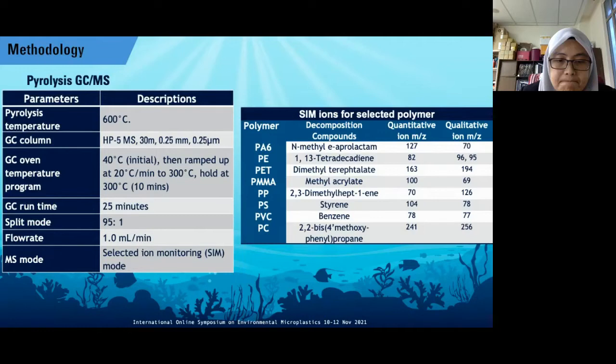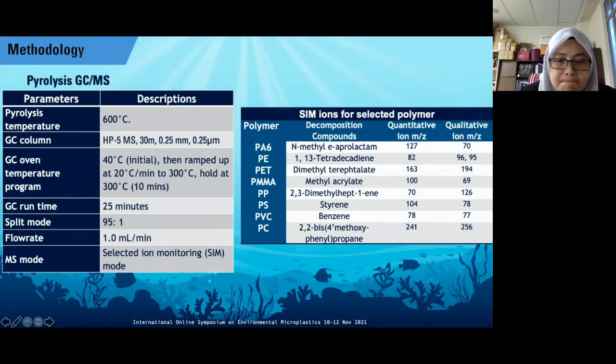For the mass spectrometry, the analysis runs under selective ion monitoring mode. These are the selected ions for the selected polymers. We have 8 polymers that we would like to see from this analysis, where we pre-select compounds to monitor their fragment ions and the monomers for each polymer type.